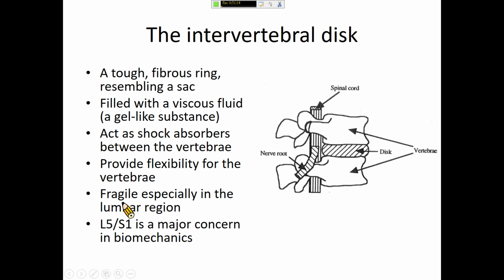However, it is also quite fragile, especially in the lumbar region. And L5 S1 is a major concern in biomechanics. Consider this. Okay, look at this.